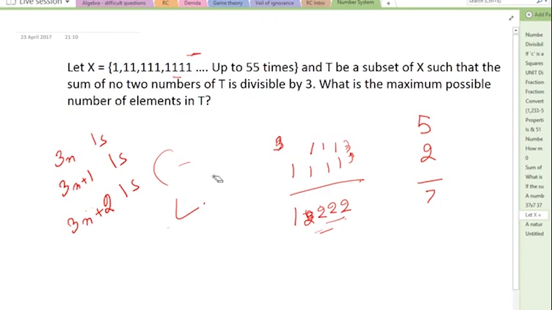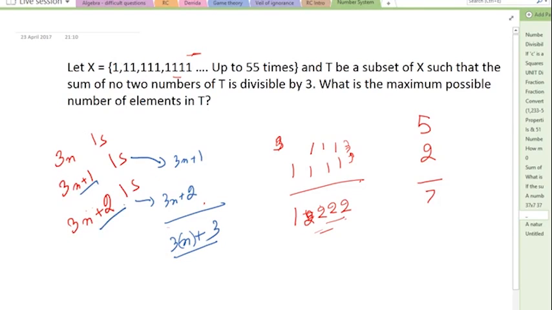So we want that to be not divisible by 3. If we take an item which has 3n plus 2 ones and an item which has 3n plus 1 ones, and we add them, the number that we'll get will be of the form 3 into something plus 3, which will be divisible by 3. So we cannot have two items, one from here and one from here, right?